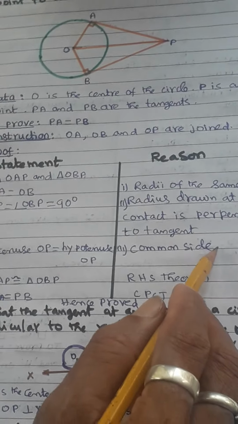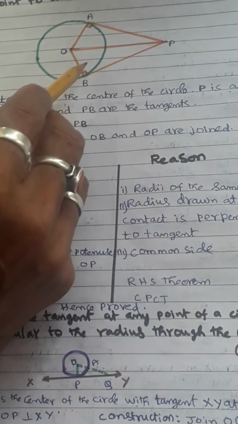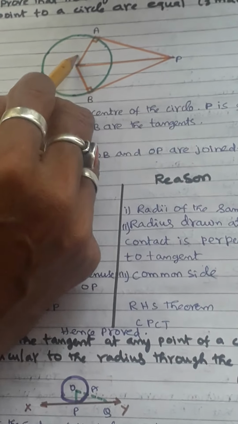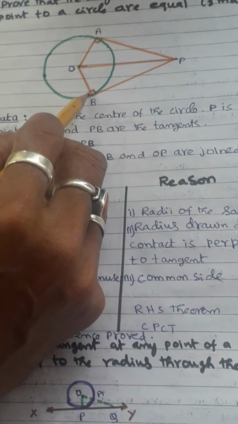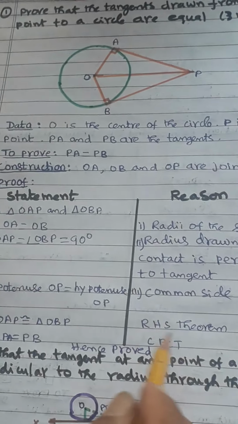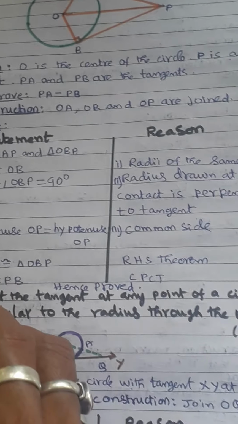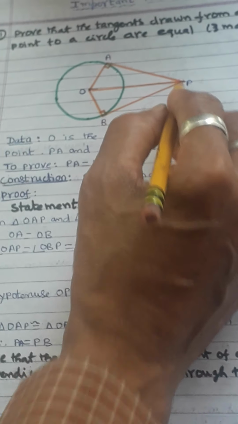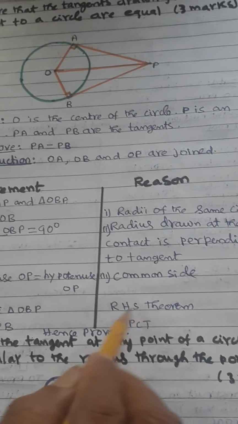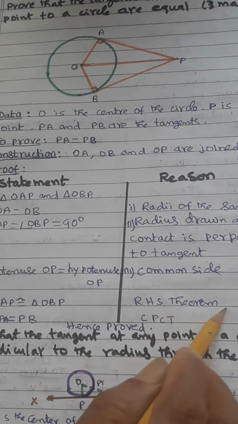Now this 90 degree is equal to that 90 degree, the common side is equal, and the radius is also equal. So side, side and angle come. According to the RHS theorem, right angle hypotenuse side, triangle OAP is congruent to triangle OBP.